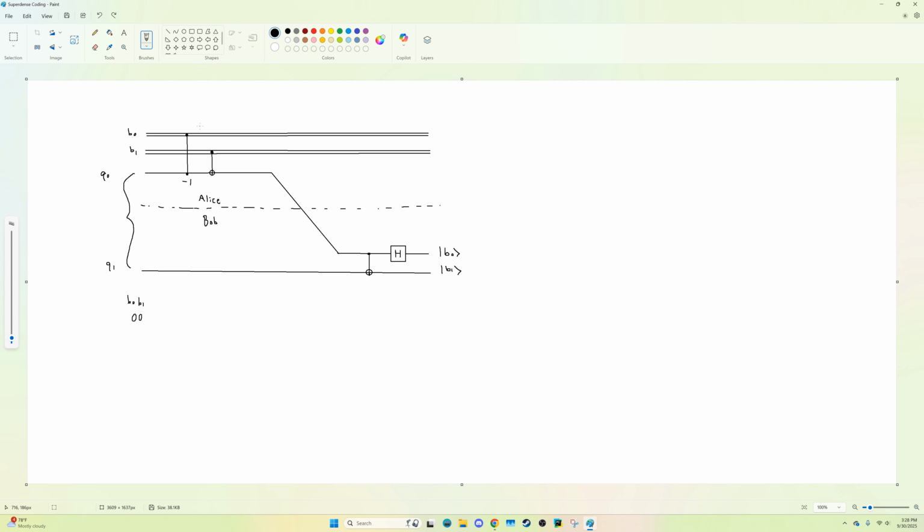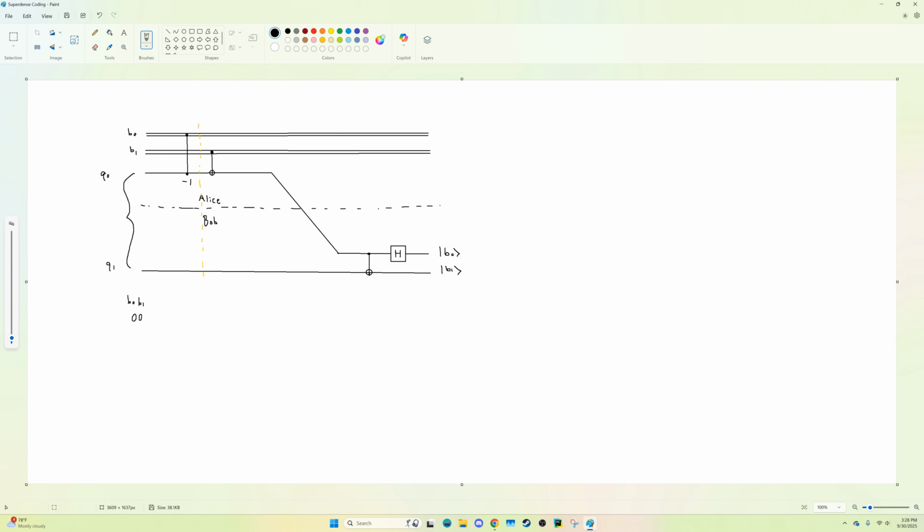Then at this stage right here, after applying the first phase flip, I believe, what happens is if A, sorry, I'm reading a different picture. A is my B0 here. If B0 is a 1, then you apply the Z gate to Q0.